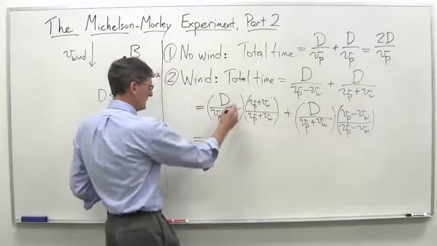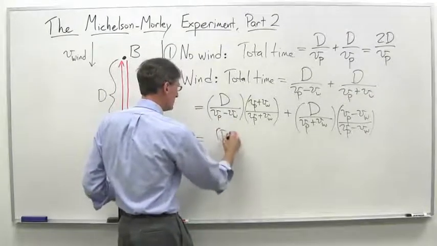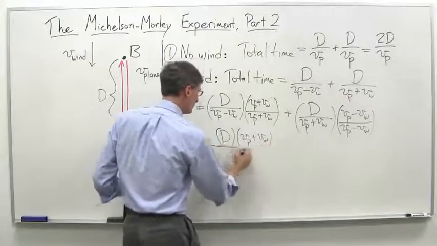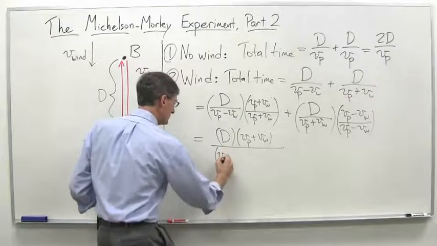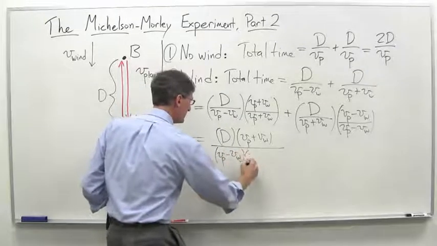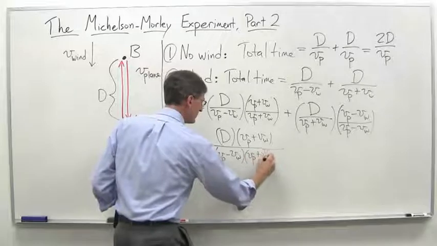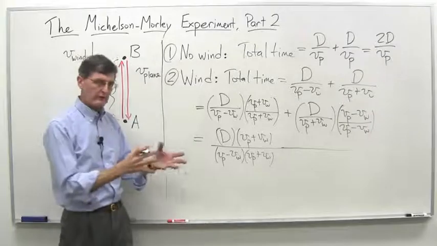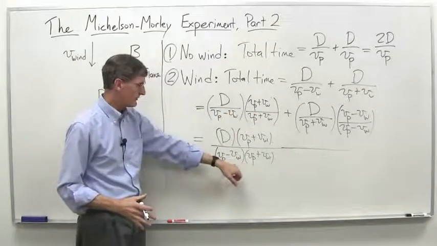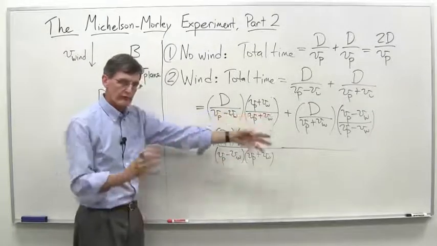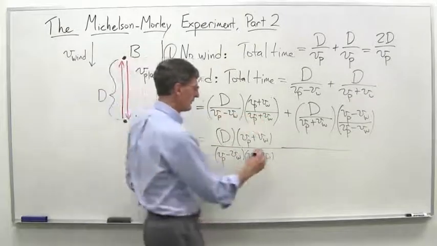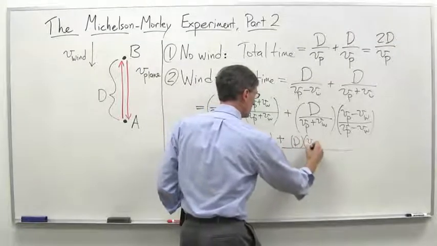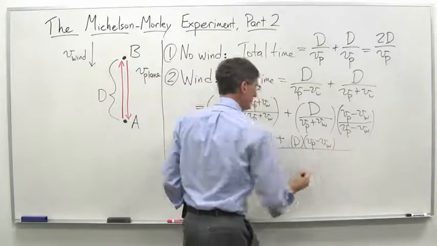So we're going to get d times vp plus vw all over vp minus vw, vp plus vw. Actually, I really should extend this over because I'm putting these two terms together. They both have the same denominator. That's this thing, just in a different order there so I can flip it around. And then the second part of the numerator is plus d times vp minus vw.